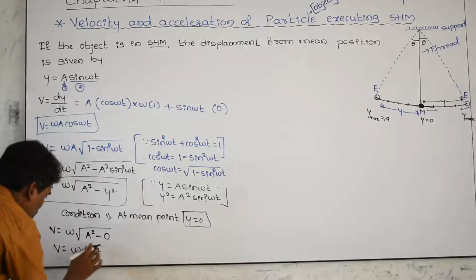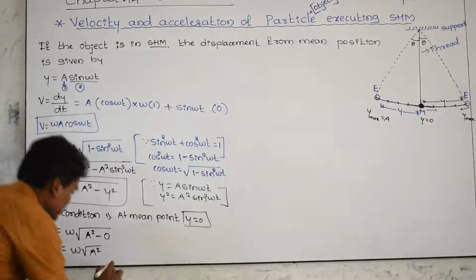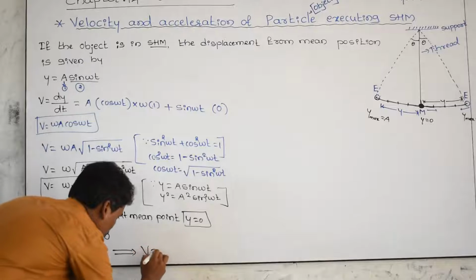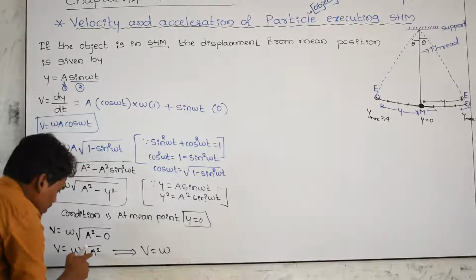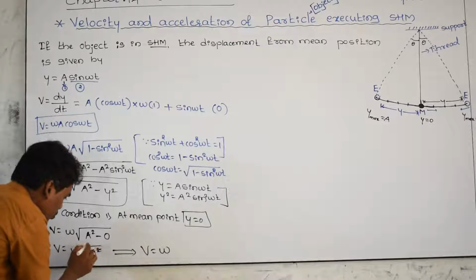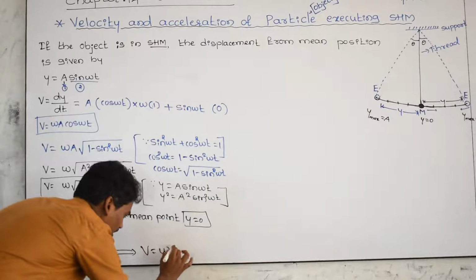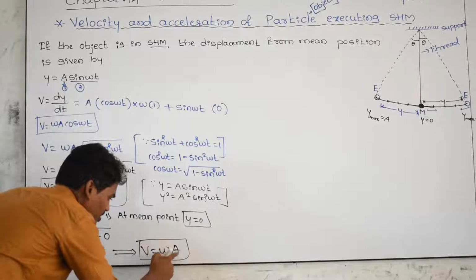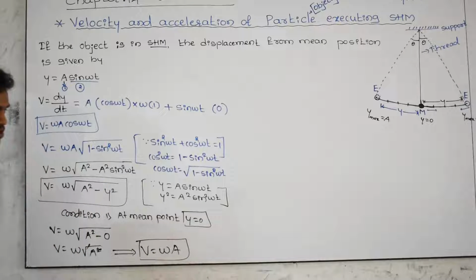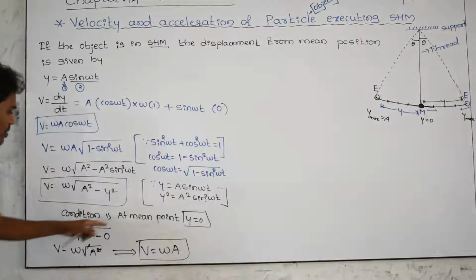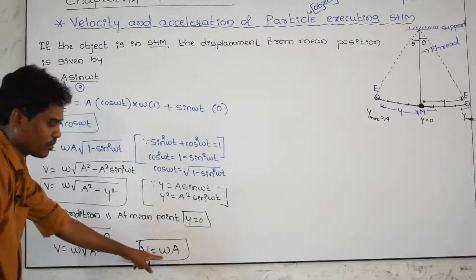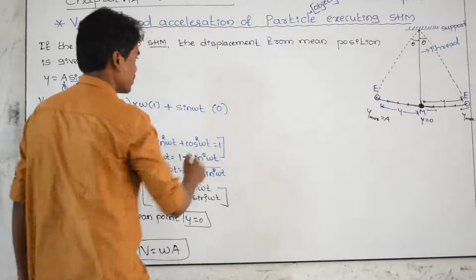The square and root cancel, and you get A. Angular velocity, or angular frequency, into amplitude, this is the velocity at the mean point.